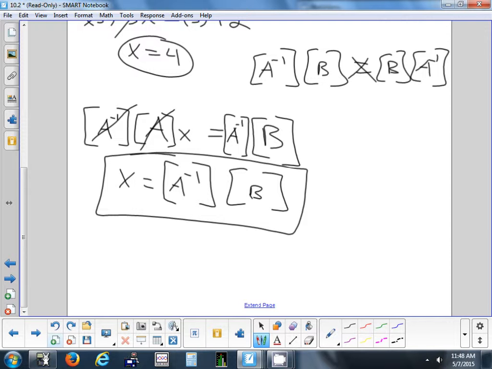How do you find an inverse? It's not that hard. You guys basically could do it. You use elementary row operations, and you just have to get zeros and ones in the right spot. You could find the inverse very easily by hand. Tedious, but easy. We're not going to teach you how to do that by hand. What matrix A represents is your coefficient matrix.